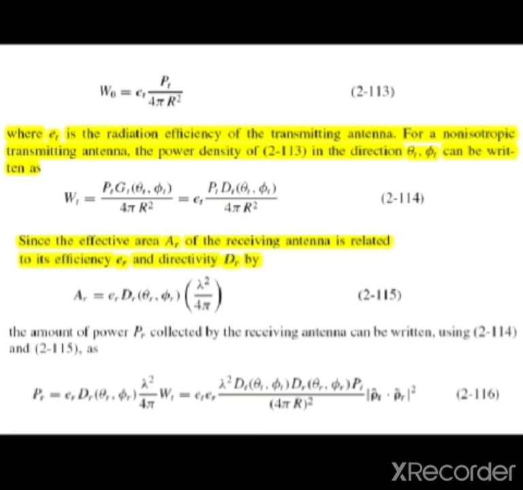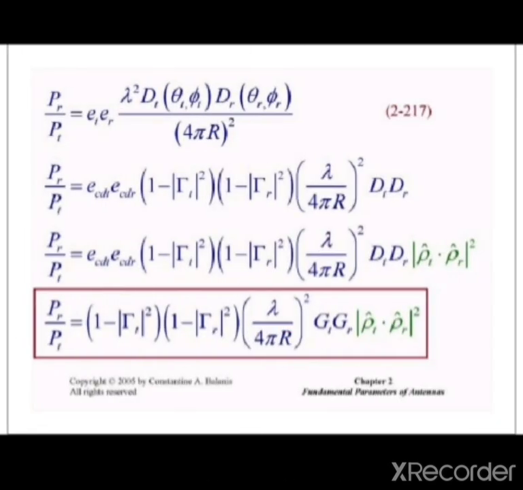Finally you get Et Er into lambda square into d of theta comma phi transmitting and d of theta comma phi receiving by 4 pi r whole square into Pt, where Pt is the transmitted power and Pr is the received power, including the reflection coefficients of both transmitting and receiving antennas. So now taking that equation, finally we get the result: Pr by Pt equivalent to 1 minus gamma t whole square into 1 minus gamma r whole square into lambda by 4 pi r whole square into Gt Gr into rho t into rho r whole square.